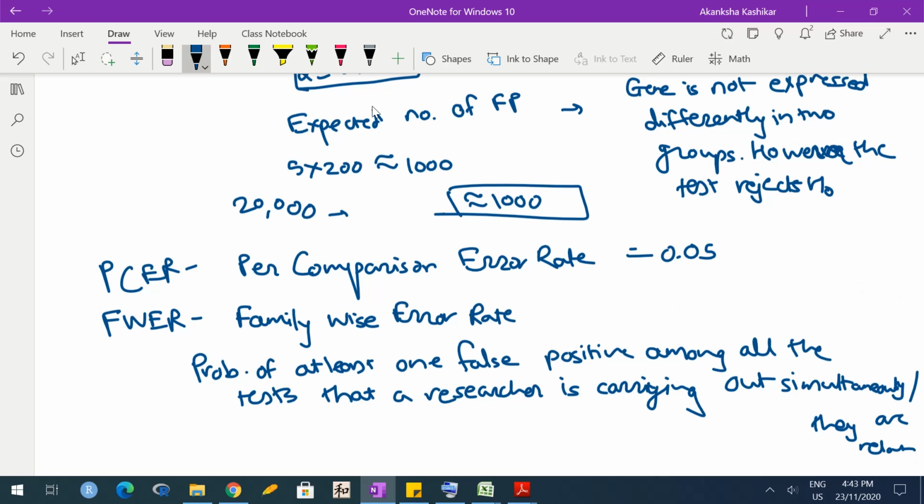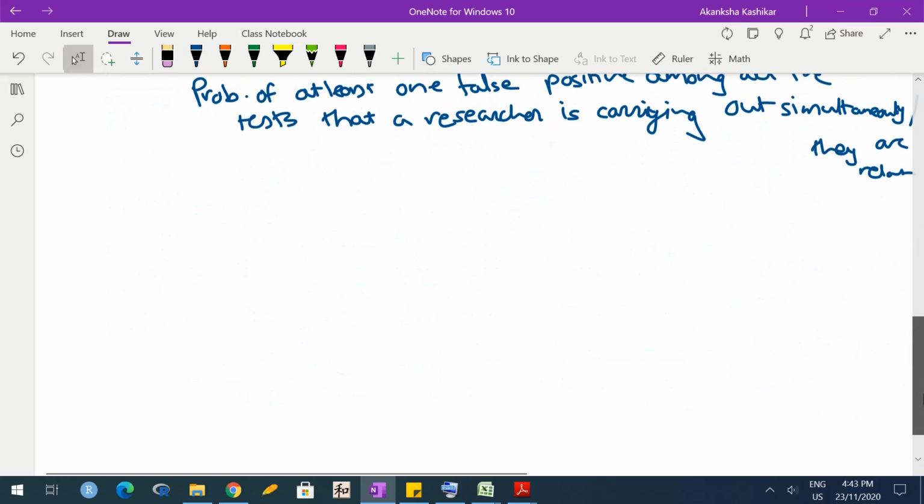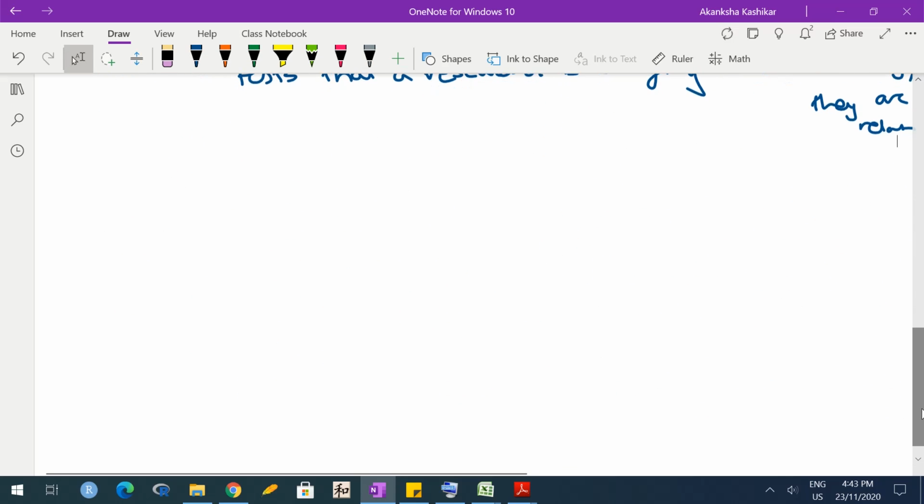So let me introduce some notations to make our discussion a bit more concrete. Given a null hypothesis, we have two possibilities: it could either be true or it could be false.